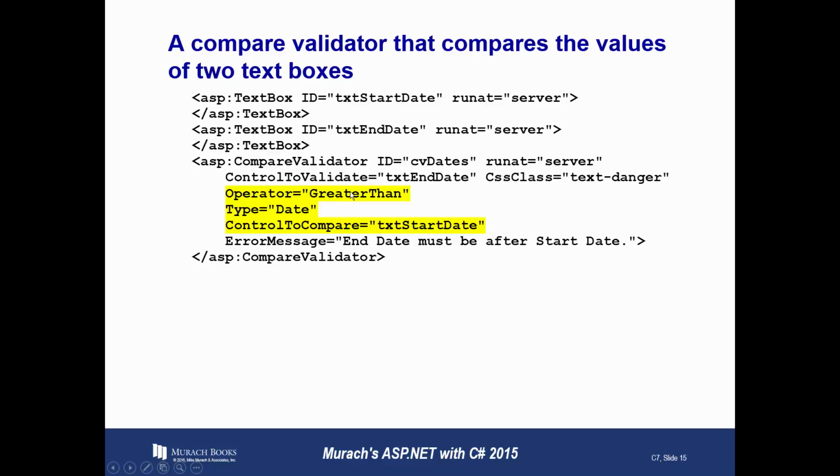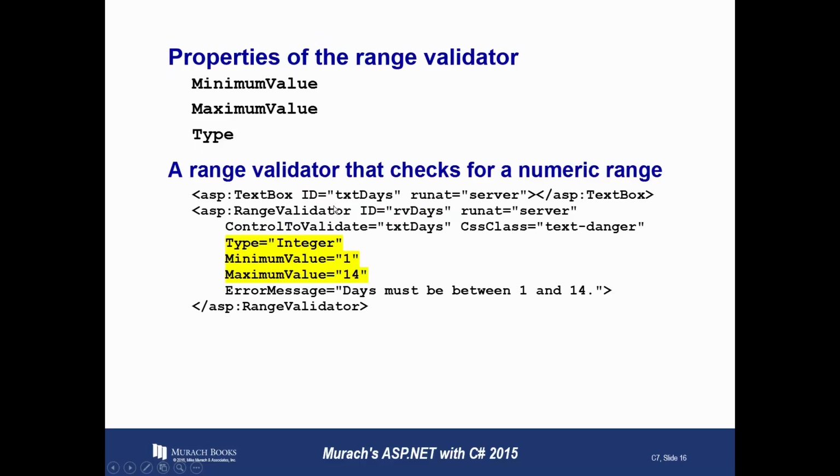We kept the operator at equal to, and the type just defaulted to string, so we didn't have to change that. All right, the range validator, that is the one that we used for the salary.